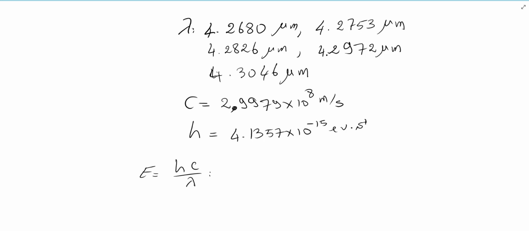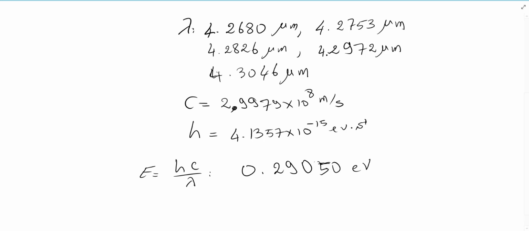So this is basically the first energy, and we need 5 sig figs. So the first energy is 0.29050, I rounded up, electron volts.